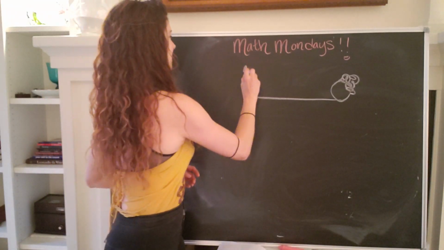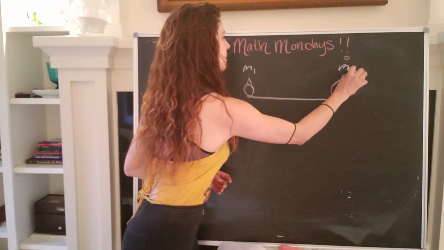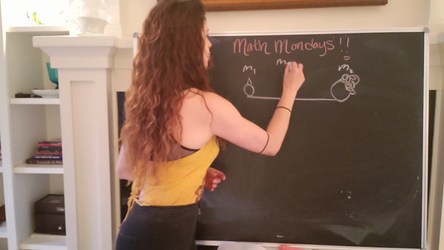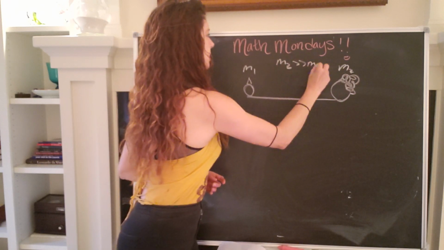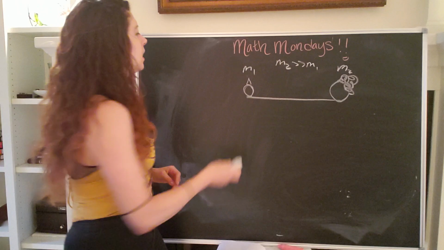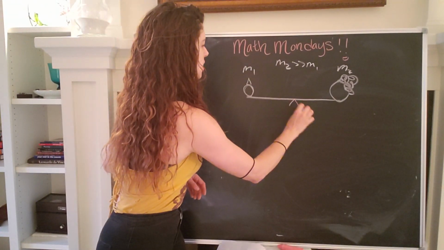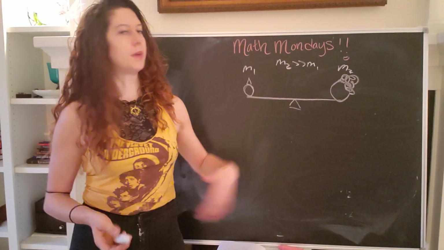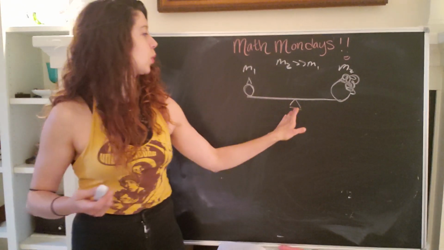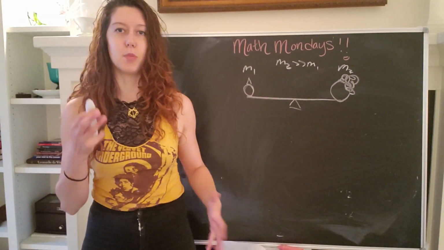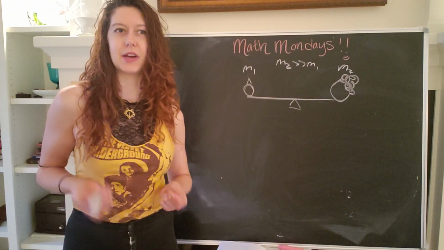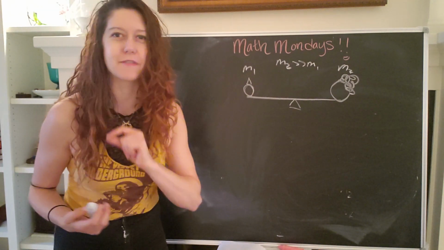So we're going to say that this is M1 and this is M2, and M2 is much, much larger than M1. Let's also say, to start, we'll represent the fulcrum by the center point, and the question really is, where do we put this so that both my nephew and I can use the seesaw in a way that is fun and safe?